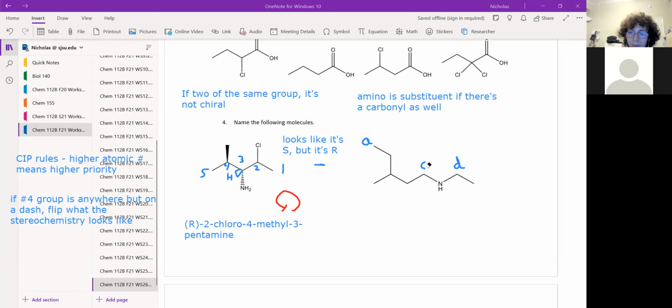It won't be D because in terms of numbering, this is going to be a substituent, since this is 2 carbons compared to how many carbons we have on the left side. That's more, so this will be a substituent, not the parent chain. And then for A versus C, it actually could.